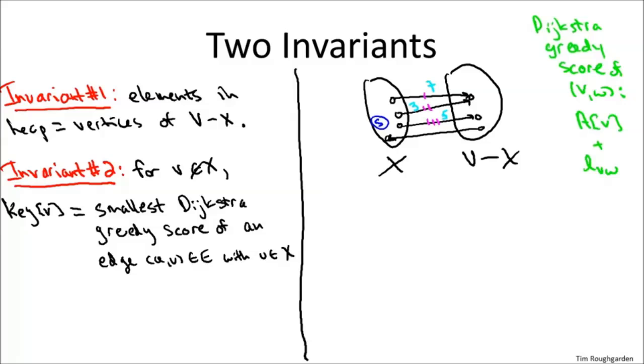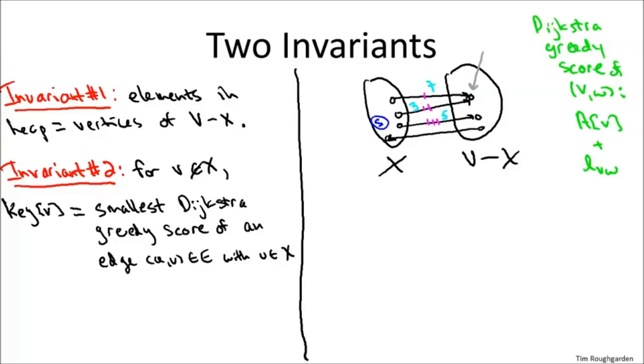There are two different edges whose tail is in X and have this vertex as their head. So what should the key of this vertex be? Well, it should be the smallest Dijkstra greedy score of any of the edges whose tail lies on the left-hand side that terminate at this vertex. So there's two candidate edges. One has Dijkstra greedy score 3, one has Dijkstra greedy score 7. So the key value should be 3, the smaller of those two.